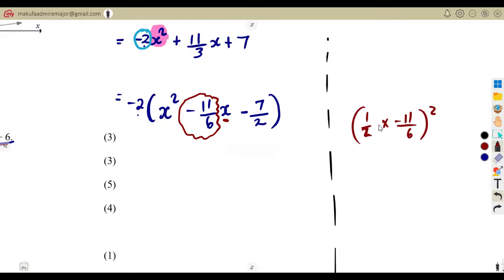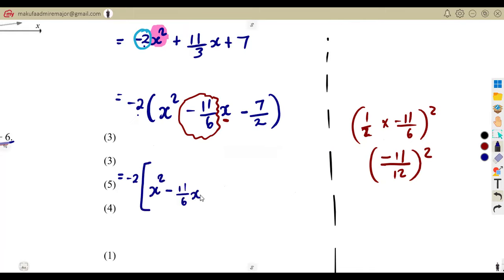Half of this will be -11/12 squared. Yes, you can square that, it's up to you, that simplification, or you can just substitute as it is here. So that square, we are going to add into our quadratic expression.